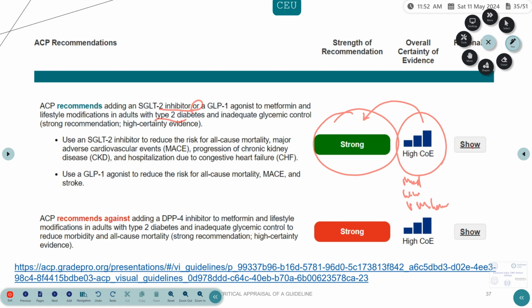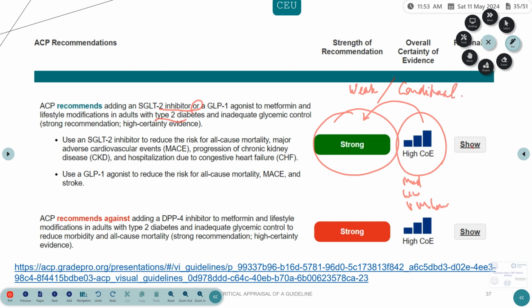So instead of strong, how will they word it? Weak recommendation. Okay, weak recommendation. Any other word that you have seen? That is a different way of classification. Here it can be weak or conditional recommendation.